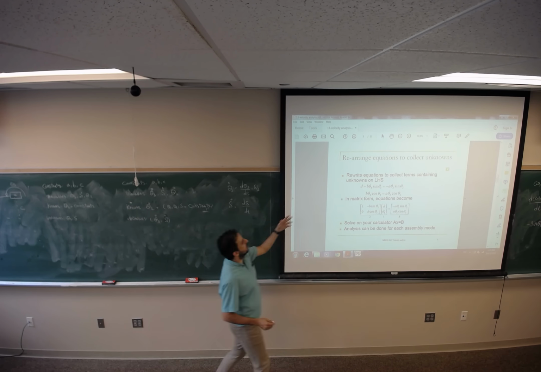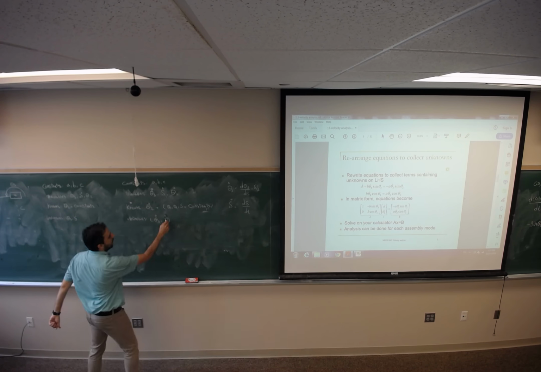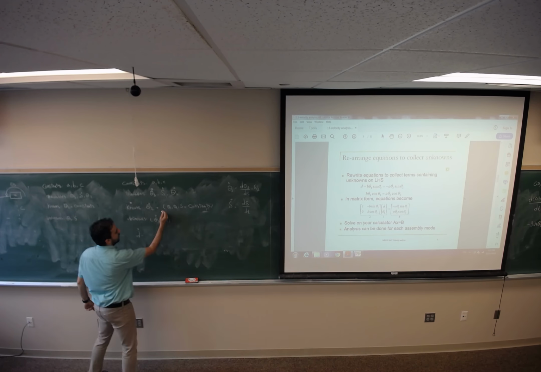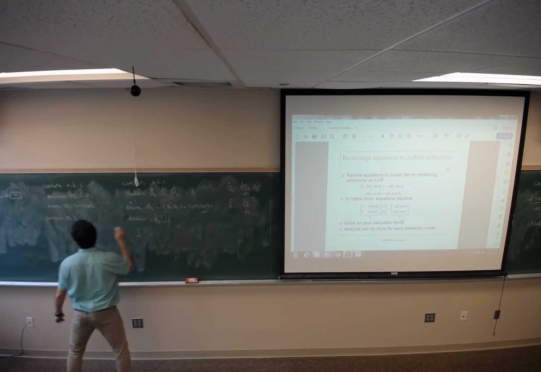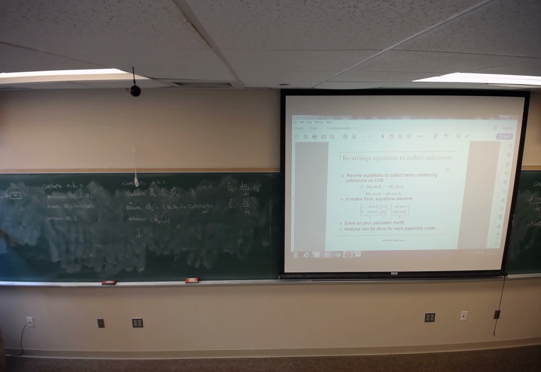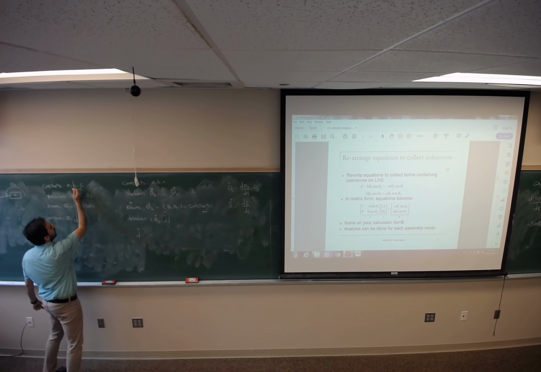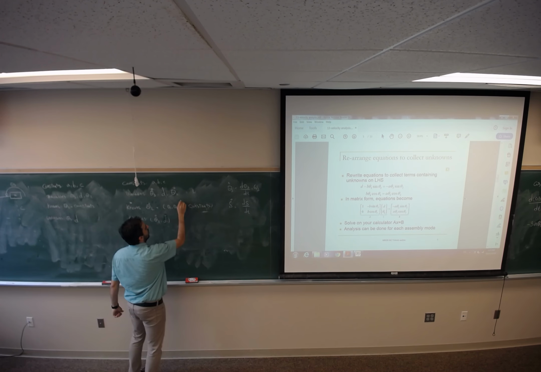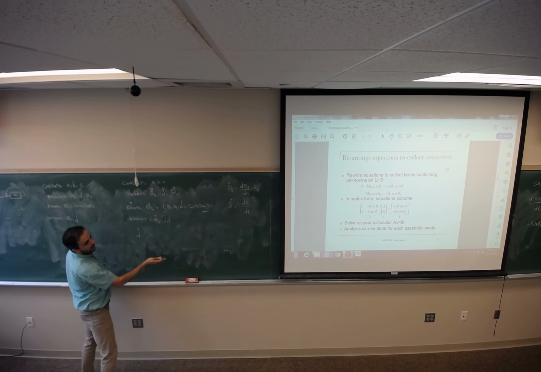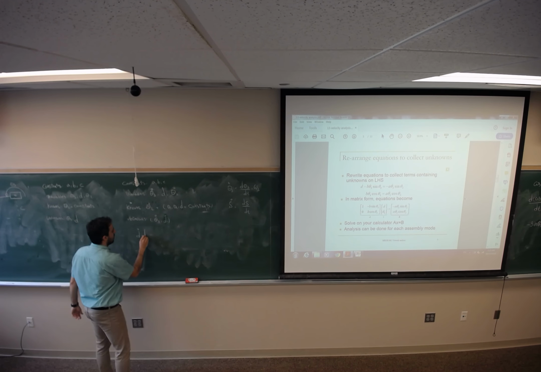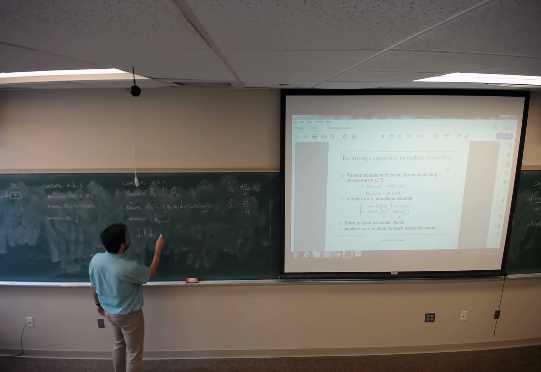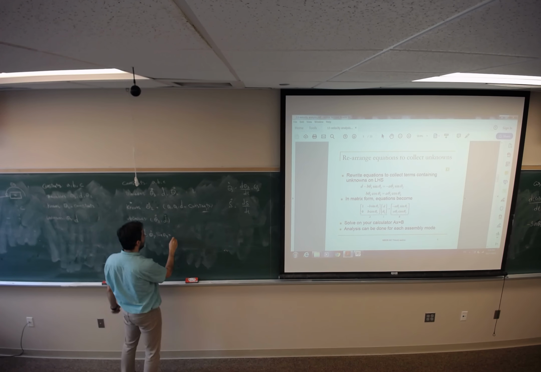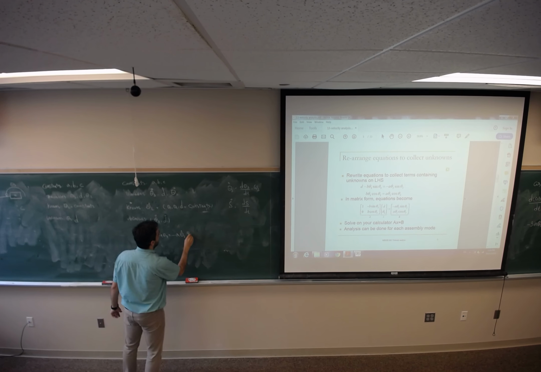D or S dot, let me use D dot if you want, D dot minus b theta dot 3 sine of theta 3 equals negative a theta dot 2 sine of theta 2.